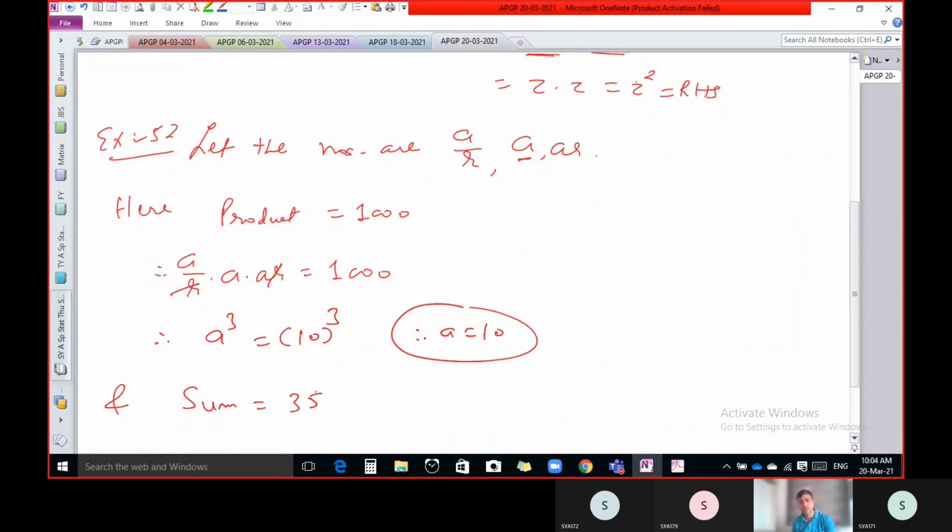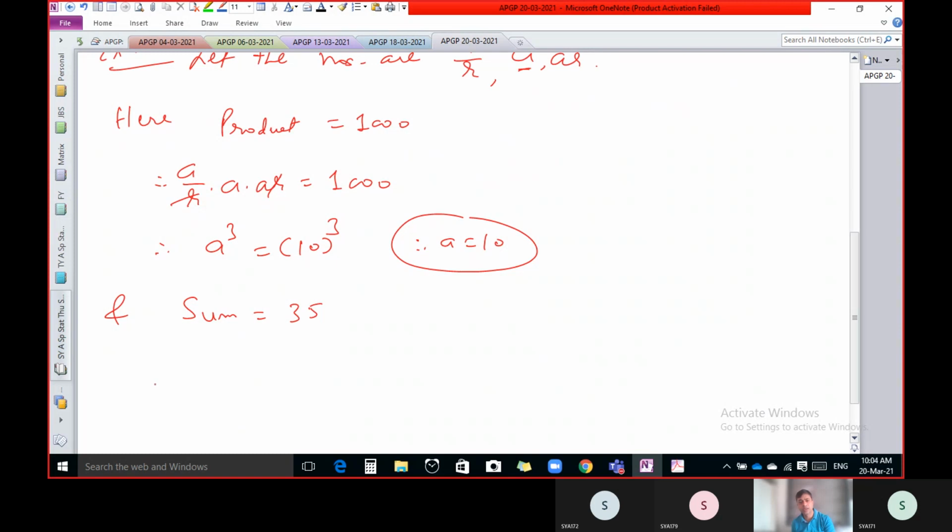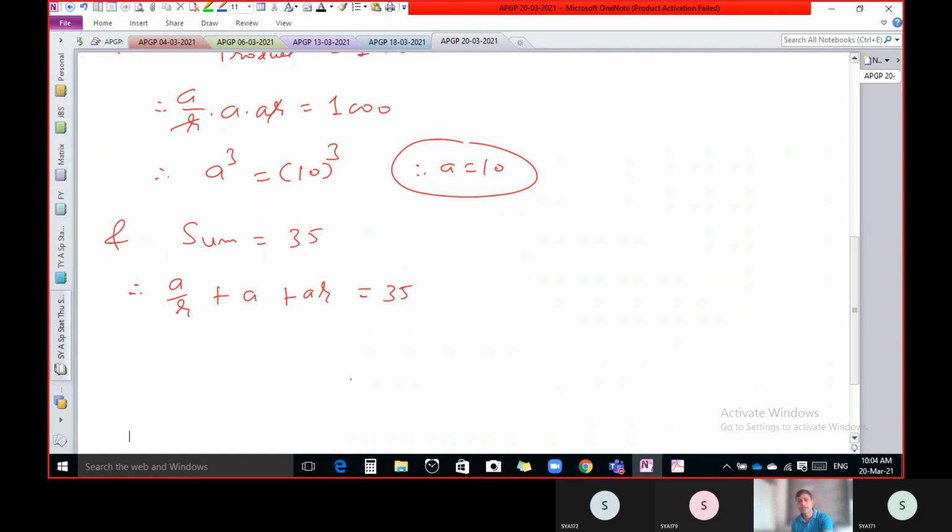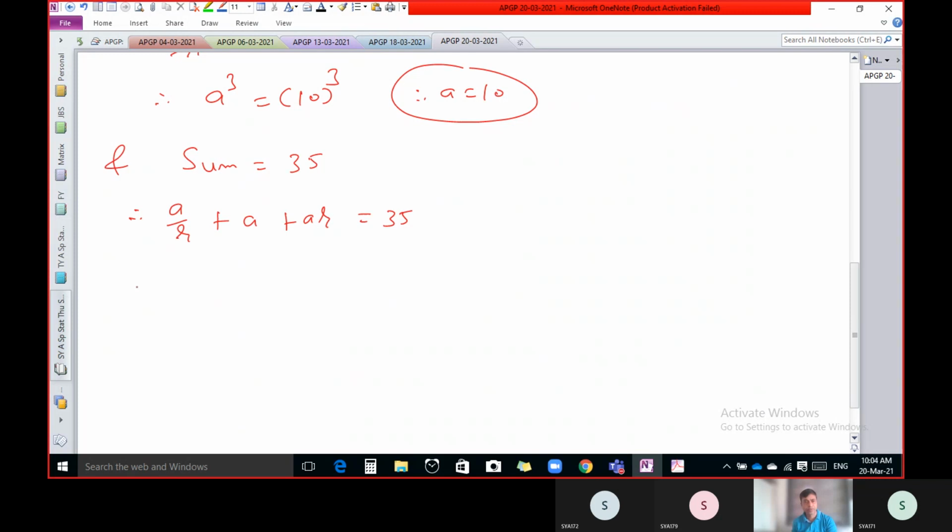Sum means total. So A upon R plus A into R is 35. Put the value of A equal to 10. So we get 10 upon R, plus 10, plus 10 into R equals 35. Take 10 to the other side.